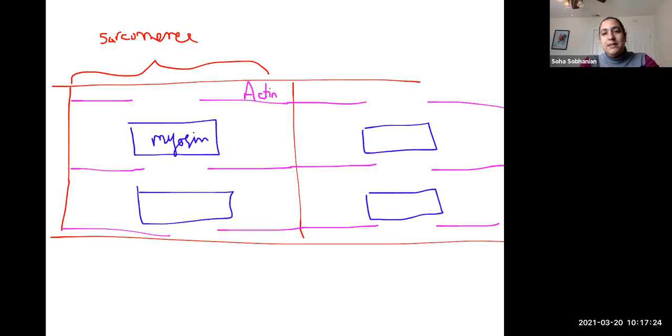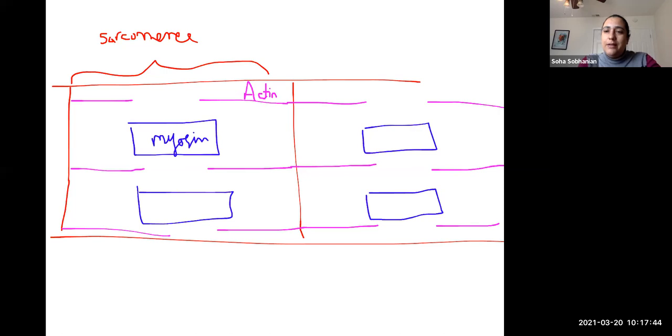So when muscle contracts, I usually would have typed this on the board, so I'm just typing it for you guys. When muscle contracts, it starts with shortening of actin.